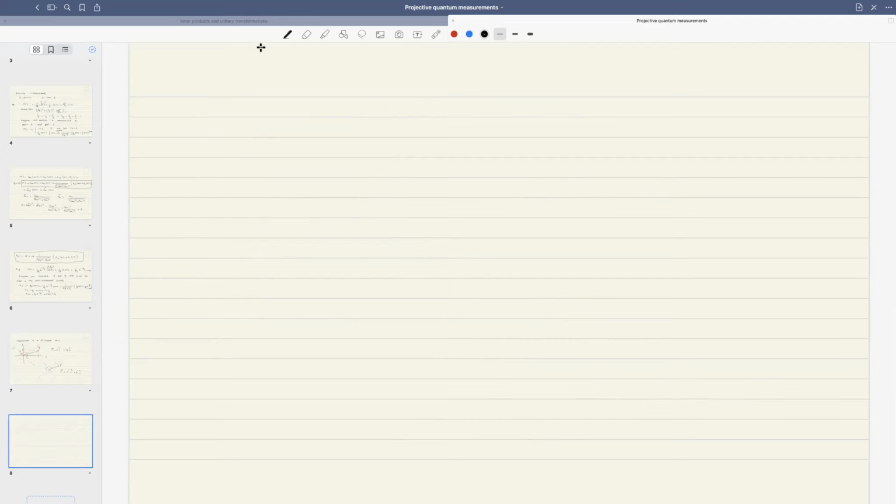So let's write that in words. So we're saying, first, we can transform basis states. So let's give an example.